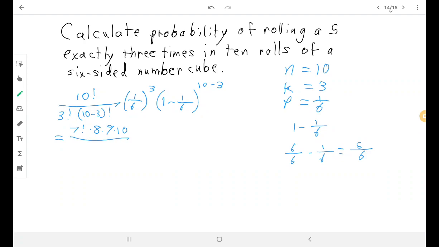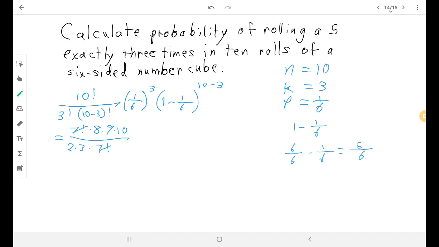Over 3 factorial, which I'm just going to call 2 times 3 for right now, times 7 factorial. And then the 7 factorials will cancel. And then I can figure out some clever stuff with this. I can do 8 over 2 is 2, and 9 over 3 is 3, or something I could have done, 10 over 2 is 5. It doesn't really matter, but I'll deal with those cancellations a little bit later.